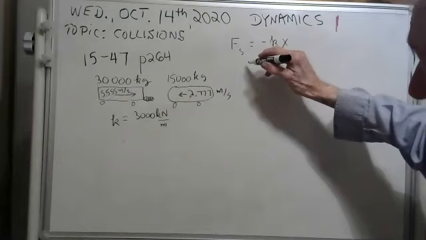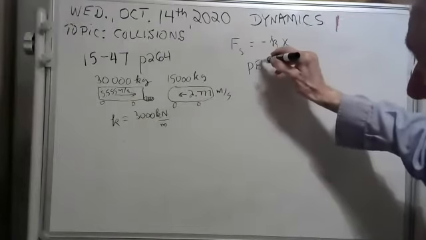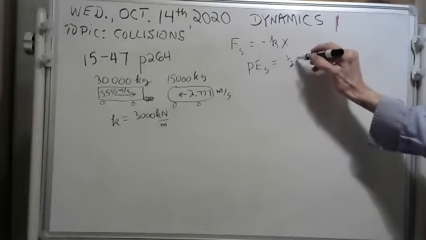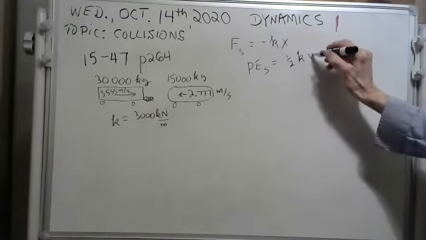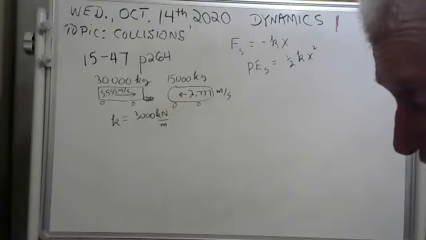And now the potential energy stored in a spring is 1/2 kx squared.